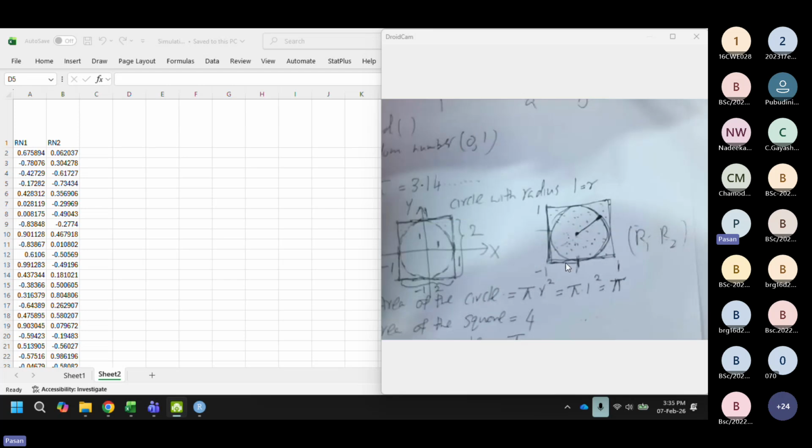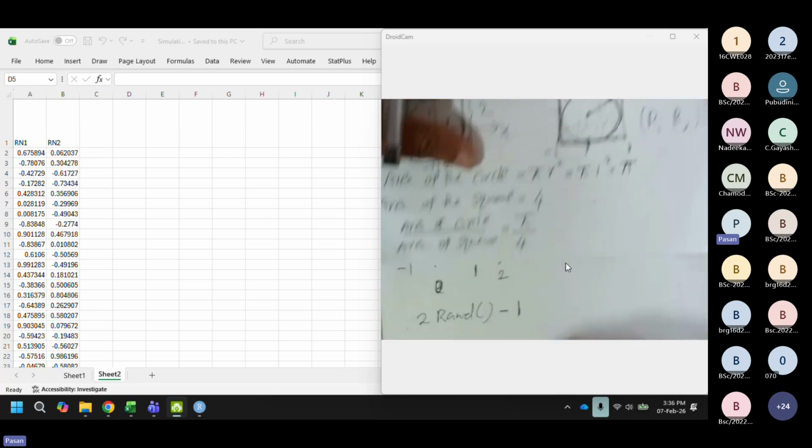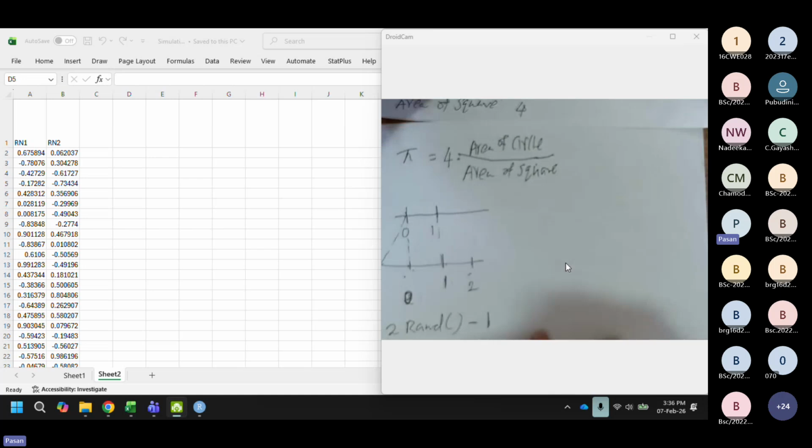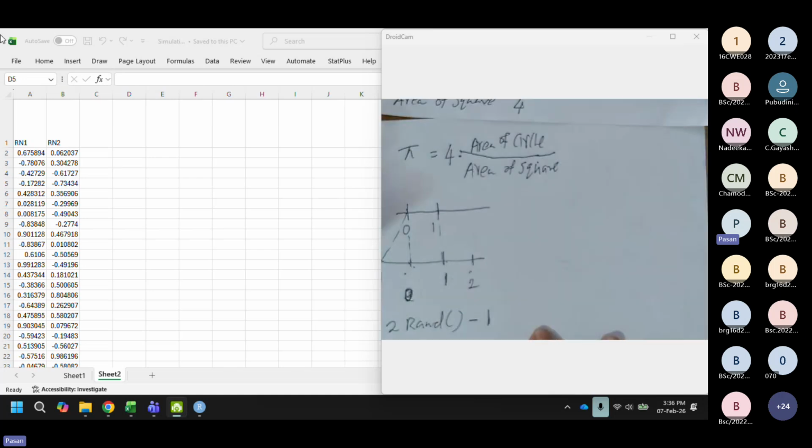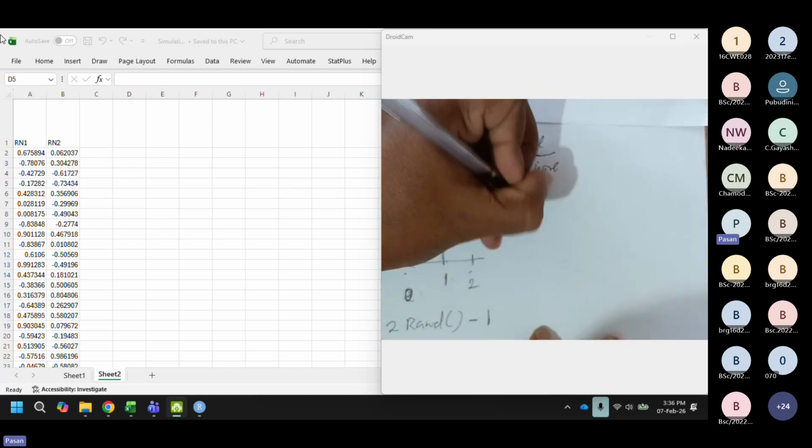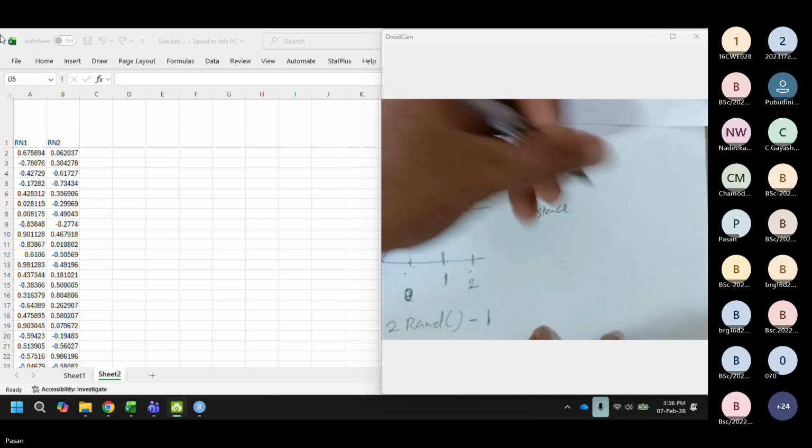If that distance is larger than 1, then it is outside. If it is less than 1, it is inside. So we can use that command. So to check it, I can measure the distance.